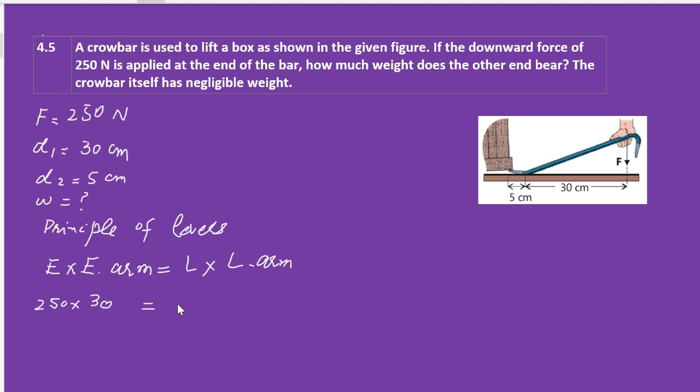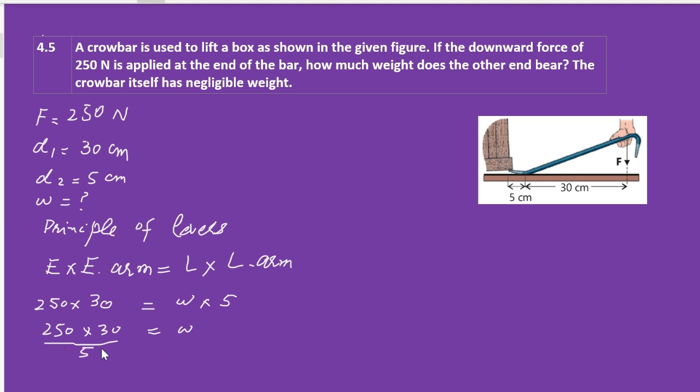It is the weight which is being lifted by the crowbar, multiplied by load arm, and this load arm is 5 centimeter. Since we have to calculate weight, 250 multiplied by 30, and we will divide by 5 on the other side.